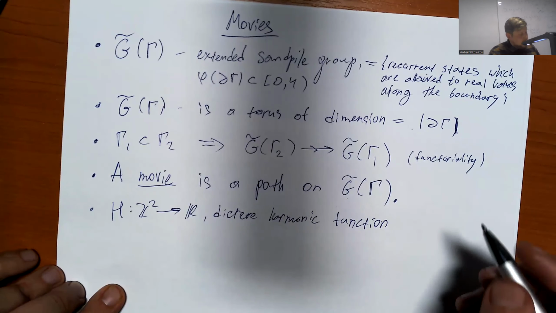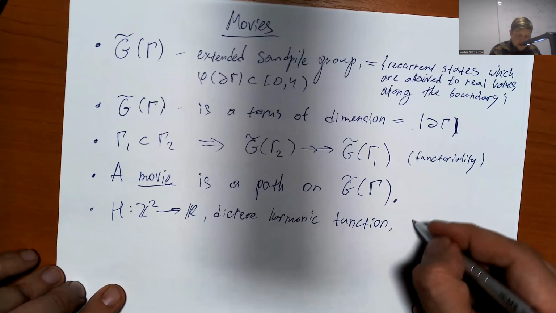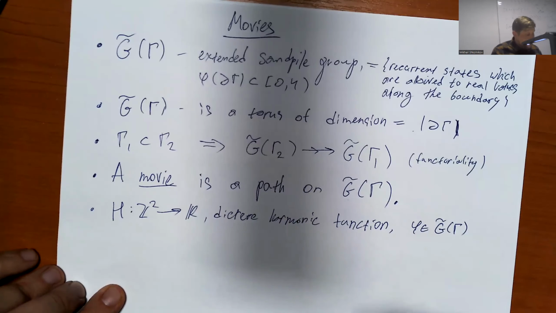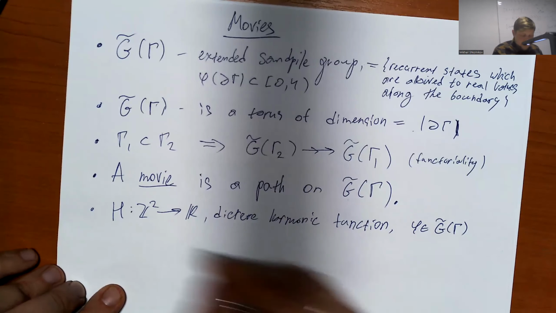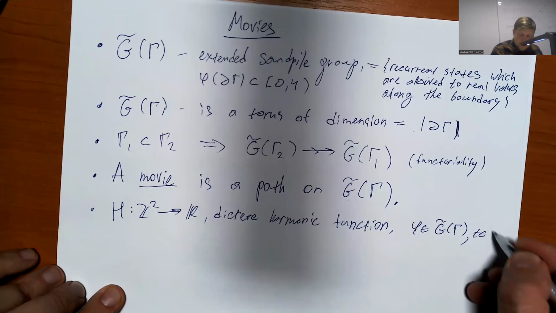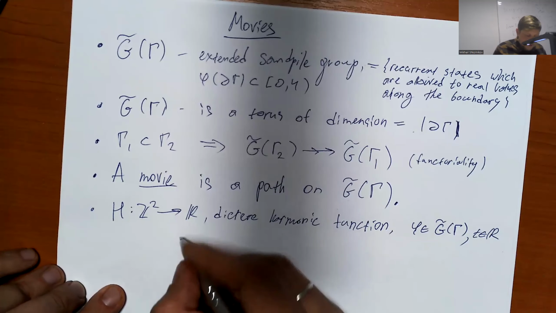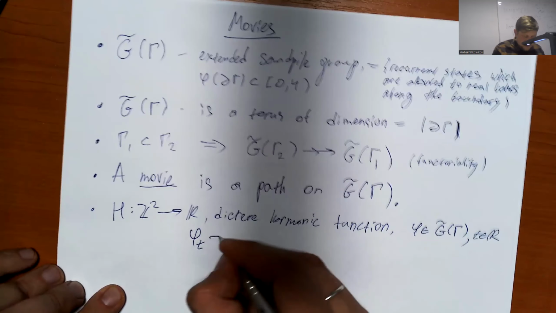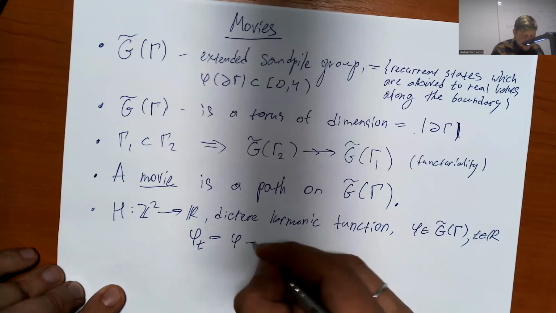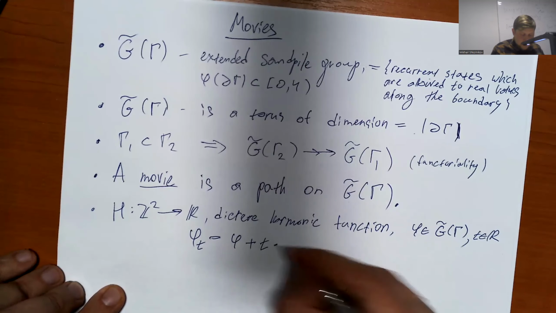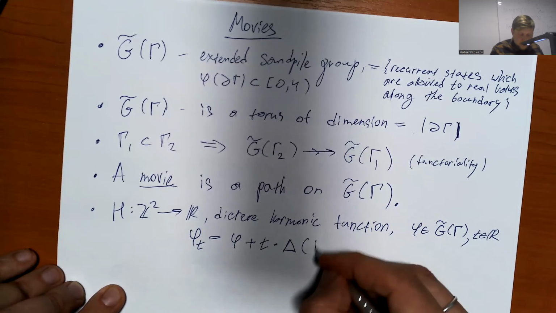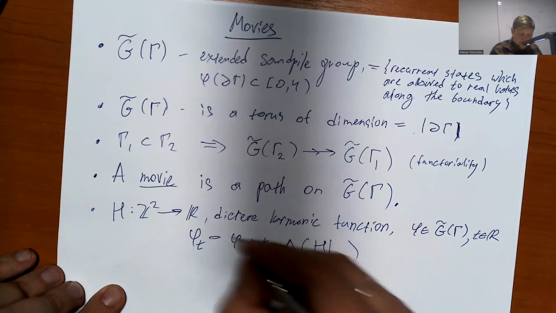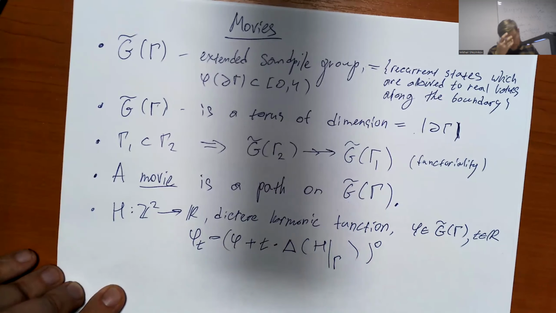Then if you have also some initial state phi, and also some time t, you define the movie at time t as phi plus t times the Laplacian of the restriction of this h to gamma. And then you relax.